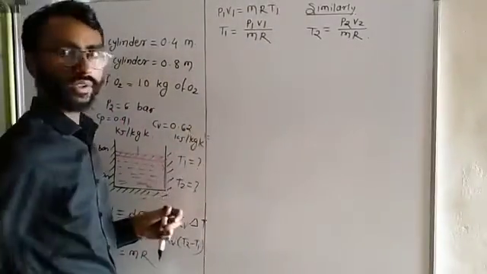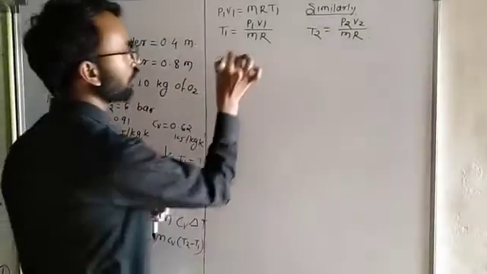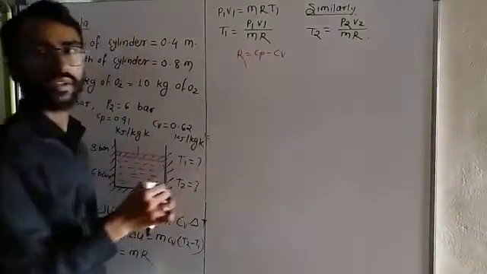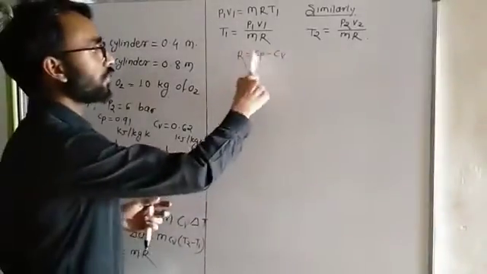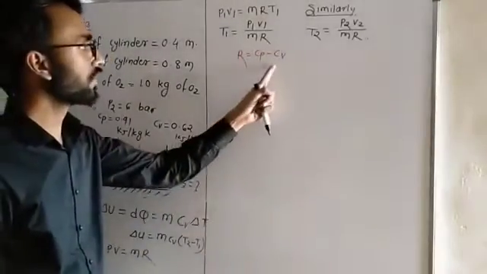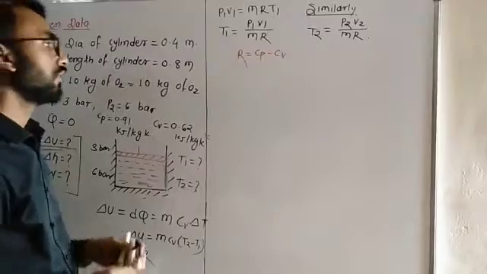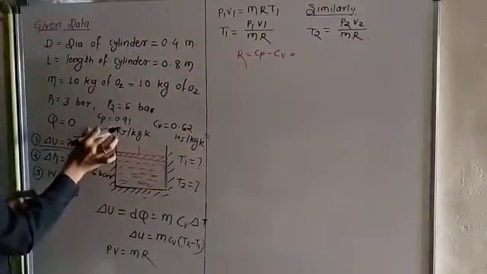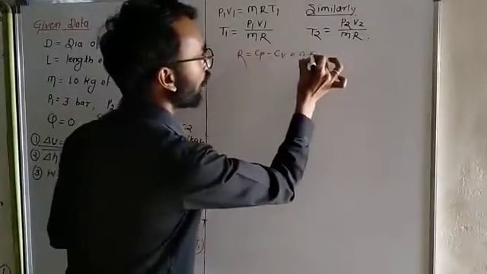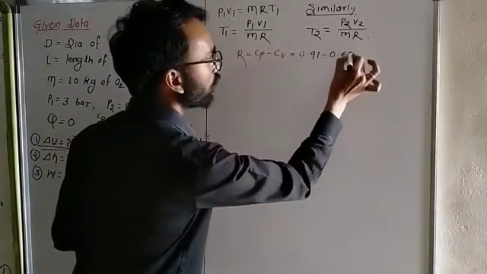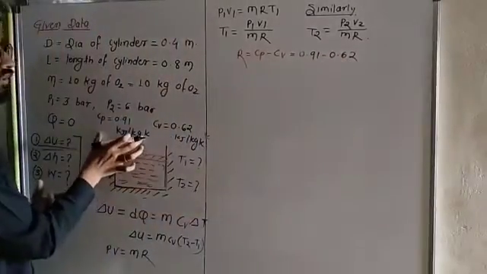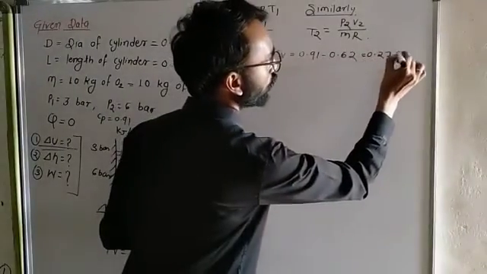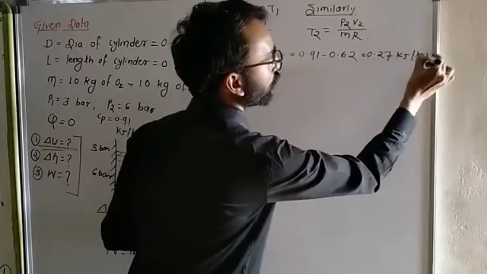How to calculate R? R is nothing but Cp minus Cv, the specific heat at constant pressure minus the specific heat at constant volume. That is 0.91 minus 0.62, which is 0.27 kilojoule per kg Kelvin.